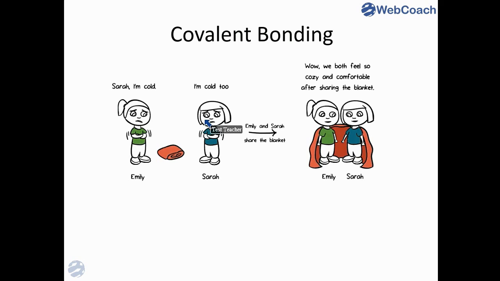They have only one blanket with them. So they share the blanket amongst themselves so that both of them are comfortable. Neither Emily is taking the blanket nor Sarah is taking the blanket for herself, but they both are sharing the blanket so that both of them can be comfortable and cozy. Right? That's exactly what carbon also does.